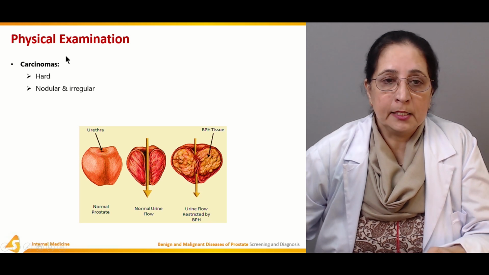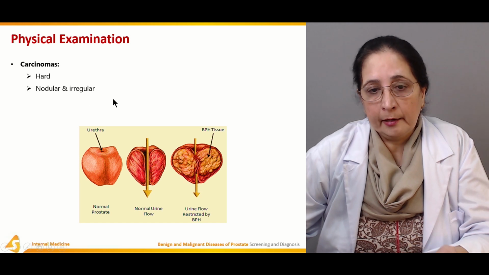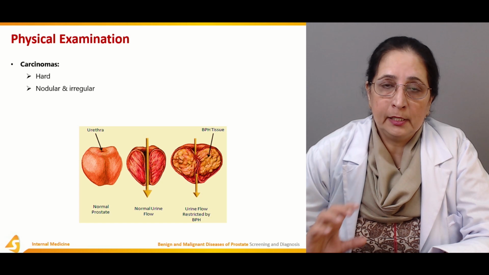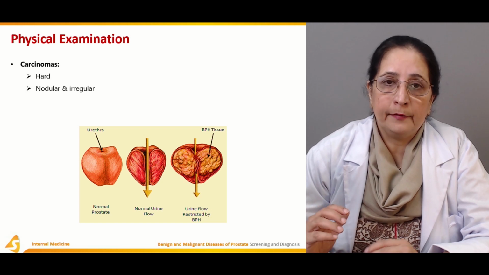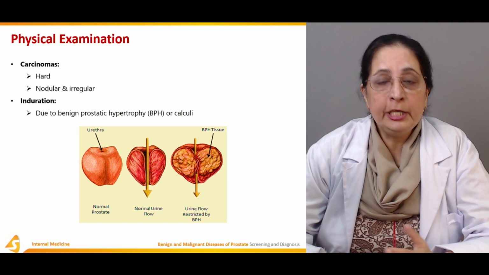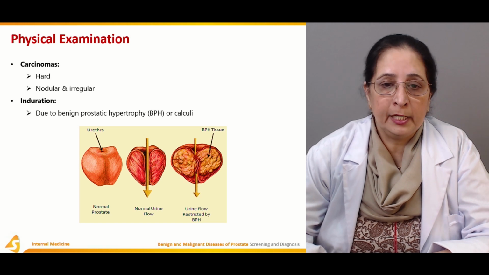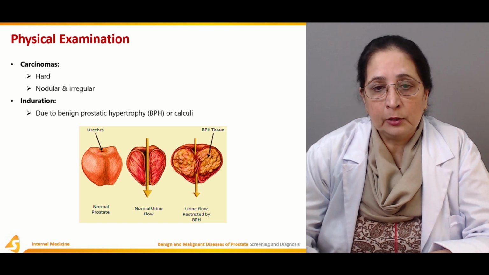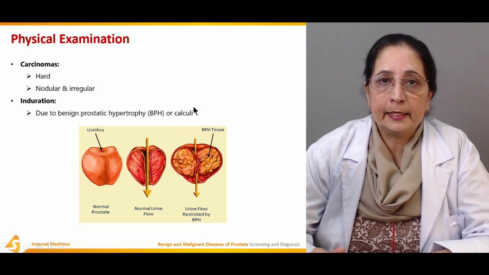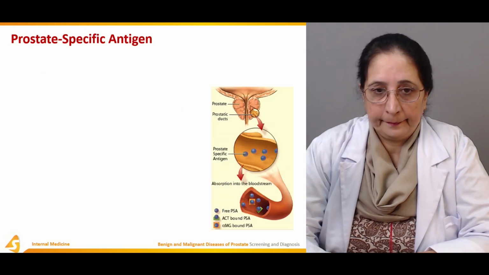Carcinomas can be hard, nodular and irregular, so that can also be felt on the digital rectal exam. Induration is due to benign prostatic hypertrophy or the presence of calculi, or stones. All these are different findings that can be present on the digital rectal exam.